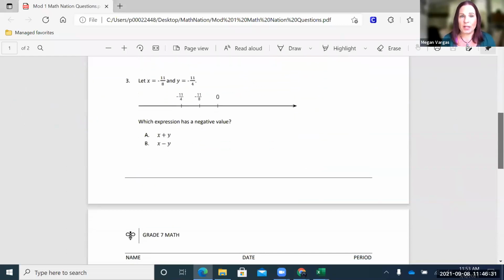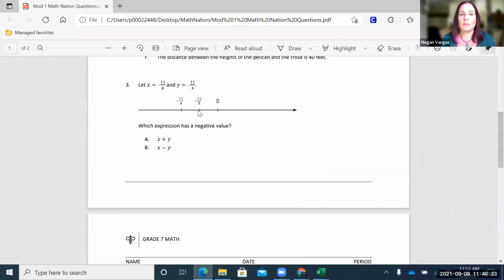For number 3, all you need to do, you don't actually have to do the math here, surprisingly, right? If you think about it, you don't have to do the math. All you have to think about is for this first one, x plus y, you are adding a negative value and another negative value.